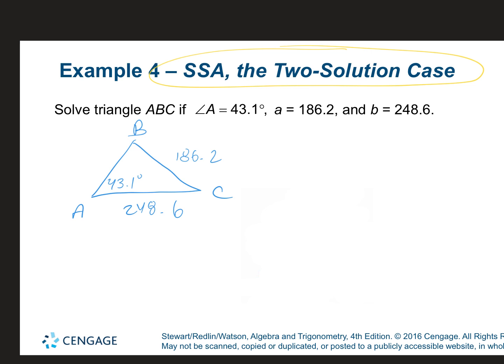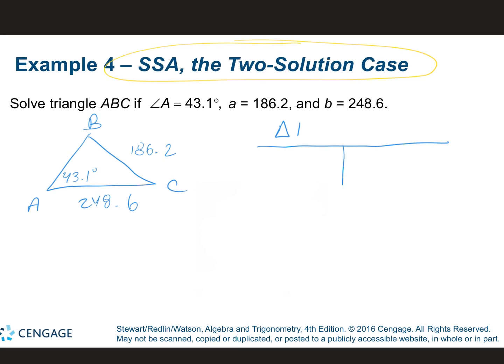So, in order to solve this triangle, whenever you're using the law of sines, you always need to say, okay, here's triangle 1, and the possibility is you could have triangle 2. You may not, but you might. So when you are doing these questions, you do this every single time. Look at what's given. Whatever is given in the triangle, if there is a second triangle, that will be given as well. So what's the given angle?